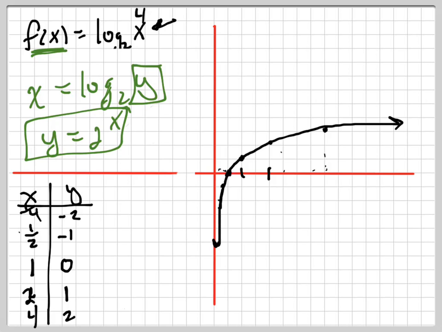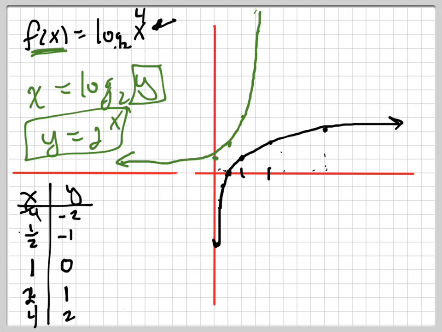That graph right there, which is just this graph, 1, 2, 2, 4, 3, 8, and it's going to 0 there.